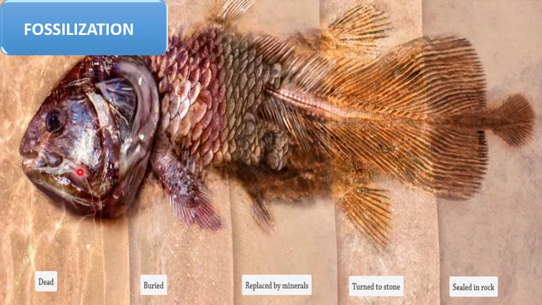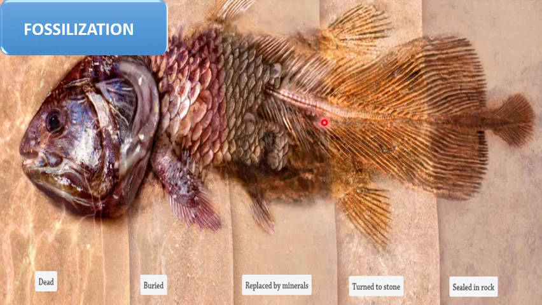Here is a simple diagram explaining the fossilization mechanism. Firstly, the first part indicates the death of the organism. Then this part explains the burial. Then the body parts of the organism are replaced by the minerals present in the surrounding medium.